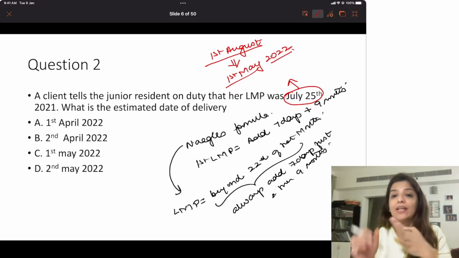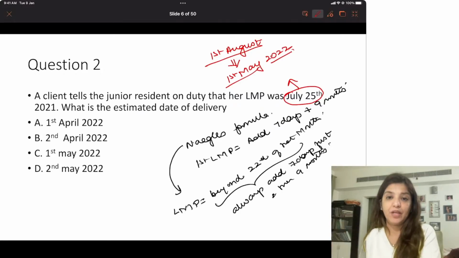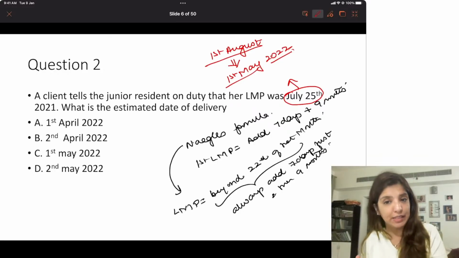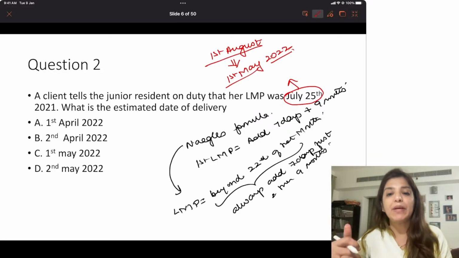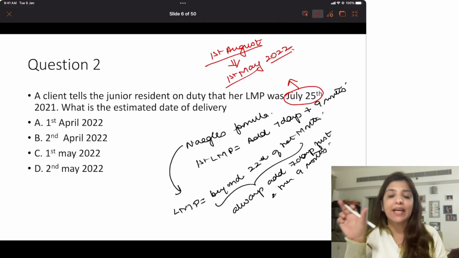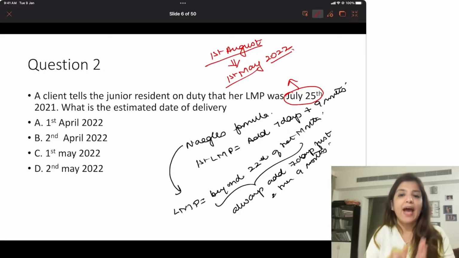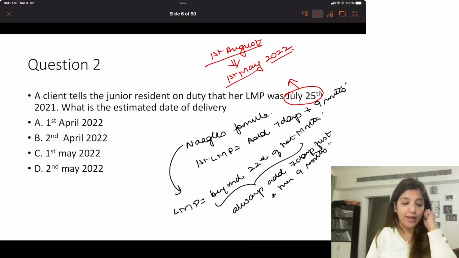Then you would have said the answer EDD in April rather than in May. So please make it your habit that whenever you are asked to calculate EDD and the LMP is beyond 22nd of any month, first add 7 days and then 9 months to avoid any confusion.